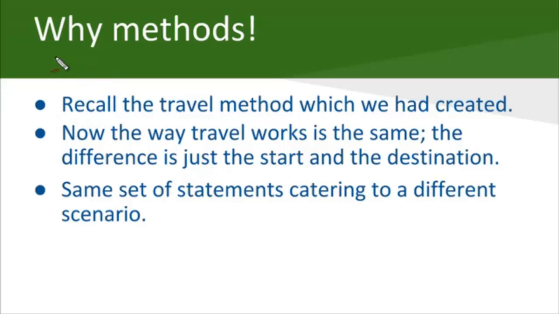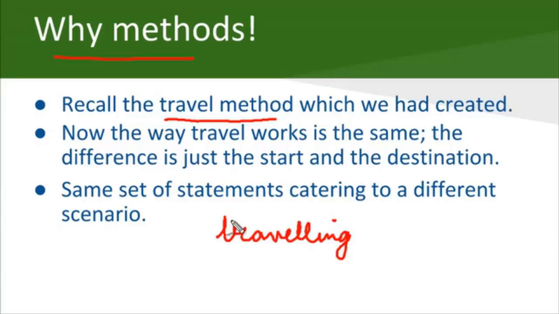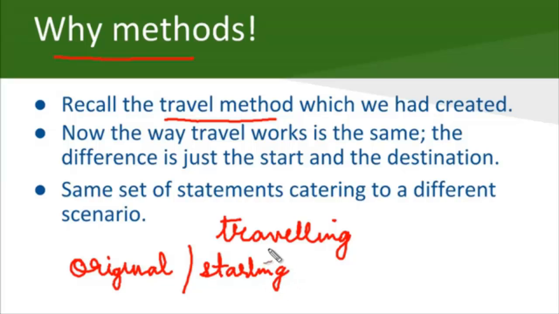Now the question may arise, why do we need methods? So recall the travel method which we had created. Now traveling activity is same. The only difference is the original, or say the starting destination, and the final destination.